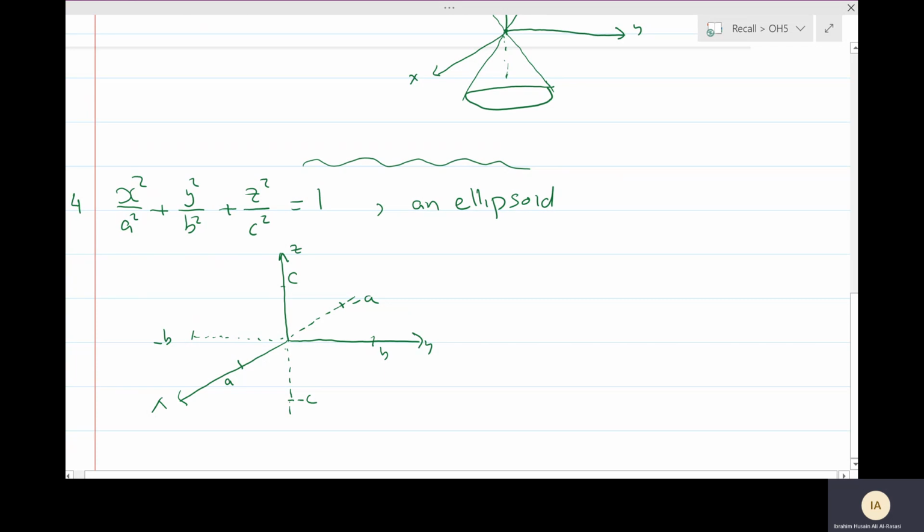Now, how to join these? Just in the xy plane, join a, minus a, b, minus b with an ellipse. So we get something like this. And also in the yz plane, join the c's and b's by an ellipse. You get something like this.